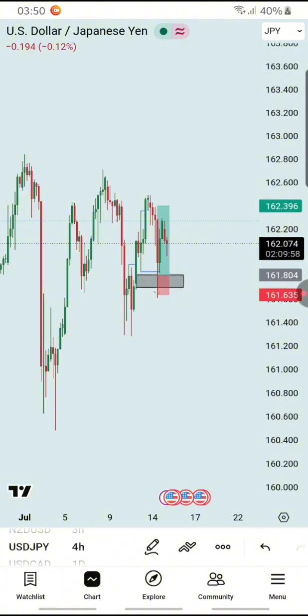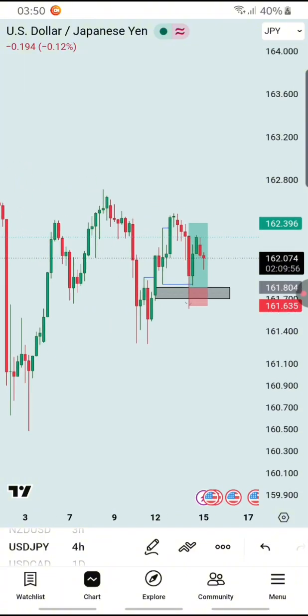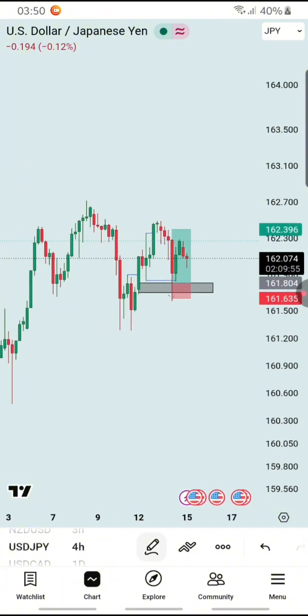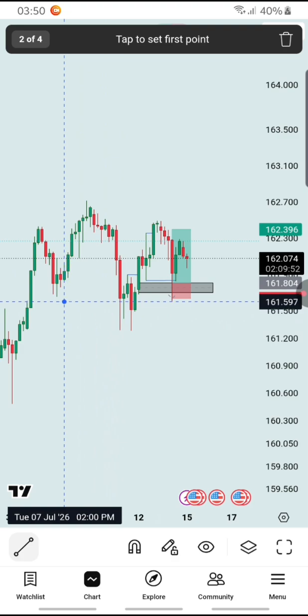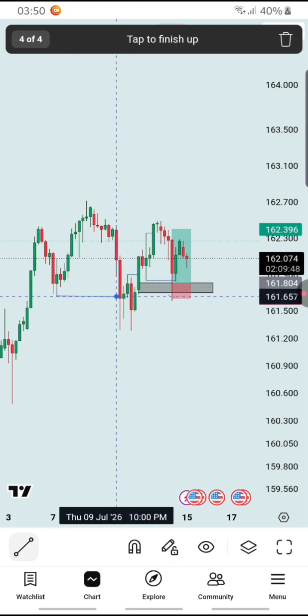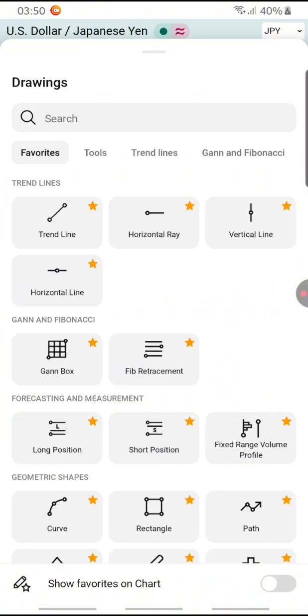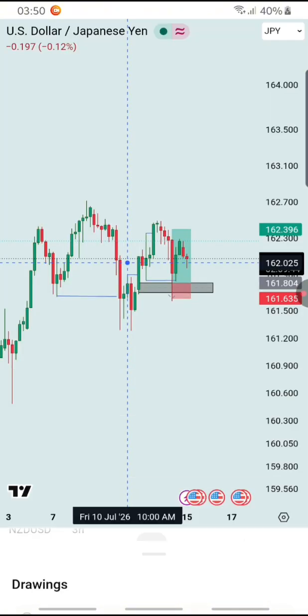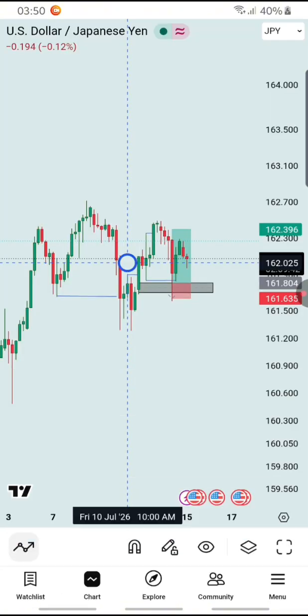Because you can clearly see that after a break of structure, we had another break of structure to the upside. So I marked my key level and liquidity, because like they always say, if you cannot spot the liquidity on the market, then you are the liquidity. That is actually a clear change of character.